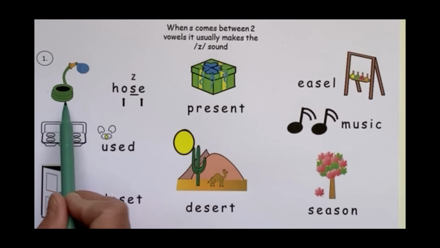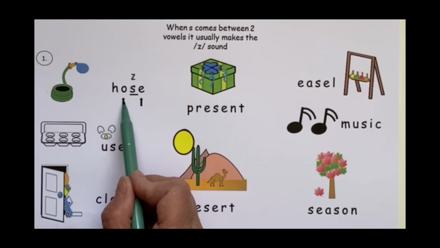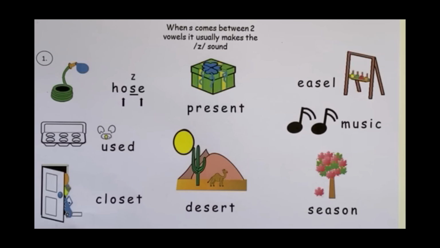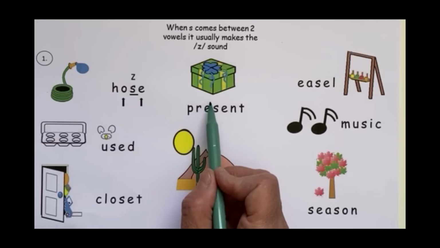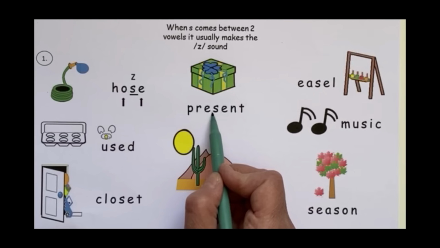We have a hose. We see the S and it comes between the vowel O and the vowel E and it makes a Z sound. Hose. Let's look at our next one. Present. We see the S here.